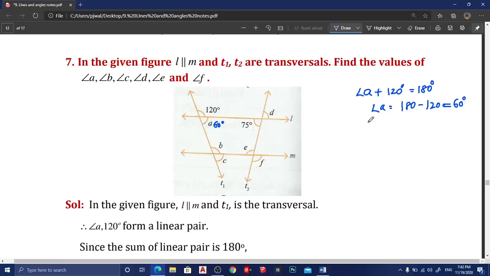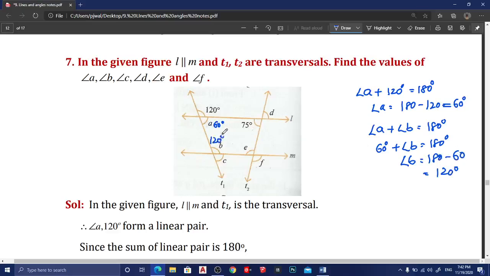Now you know the sum of the co-interior angles, angle A plus angle B, is equal to 180 degrees. Already you know angle A, so substitute here: 60 plus angle B is equal to 180 degrees. Now angle B is equal to 180 minus 60, which is equal to 120 degrees.